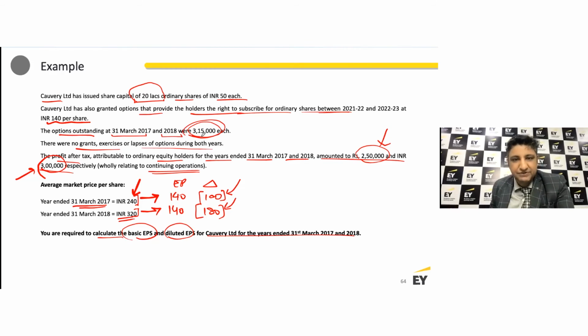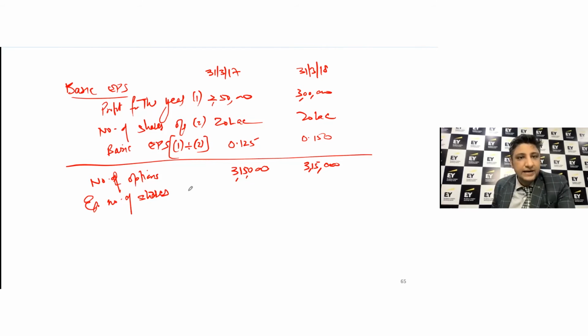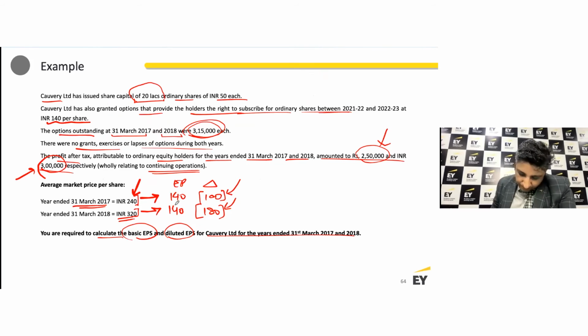Now, essentially what we're saying is that the number of options during this year is 3,15,000 and 3,15,000 here as well. Now we are saying the equivalent number of shares during this period. So if I look at it again, we are talking about the exercise price of 140 versus the average market price of 240, right?